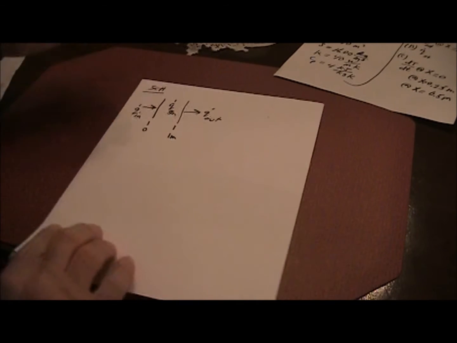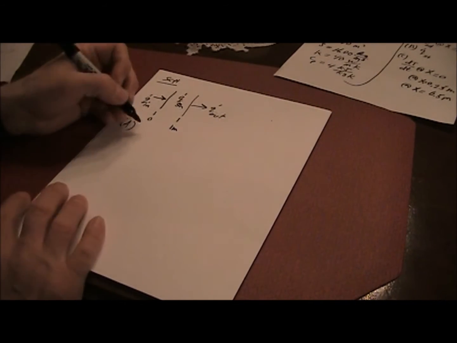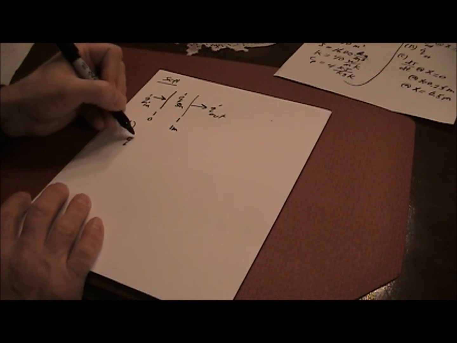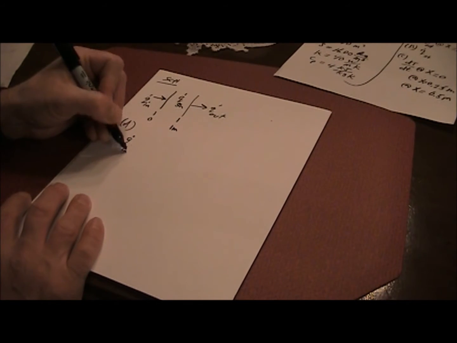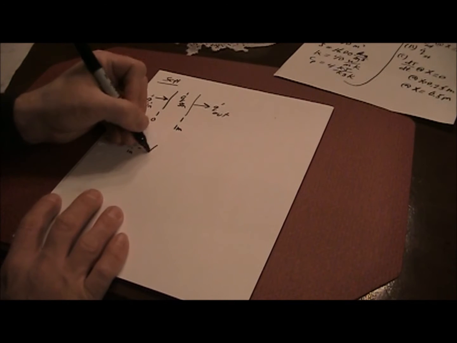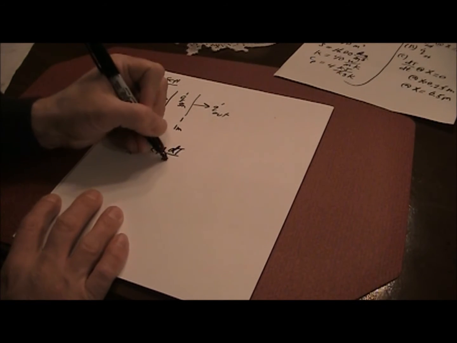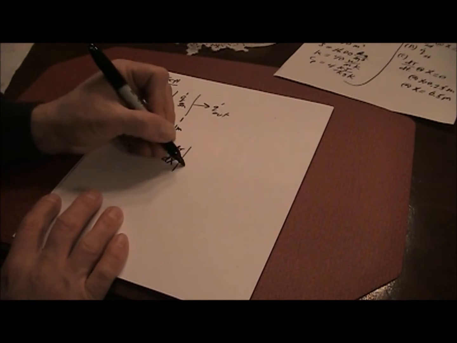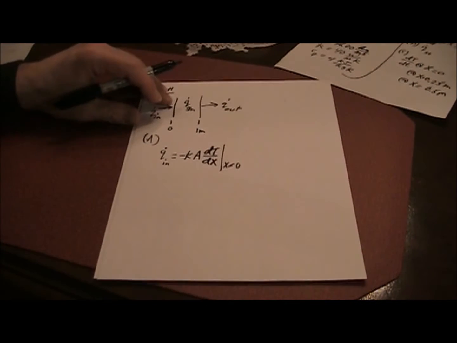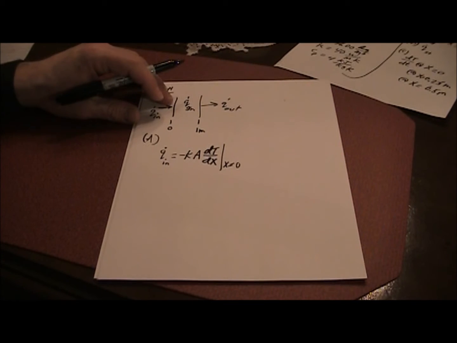Okay, so for part A, what we know is that Q dot in is equal to minus K times the area times dT/dx at x equals 0. Now we know that from Fourier's law.